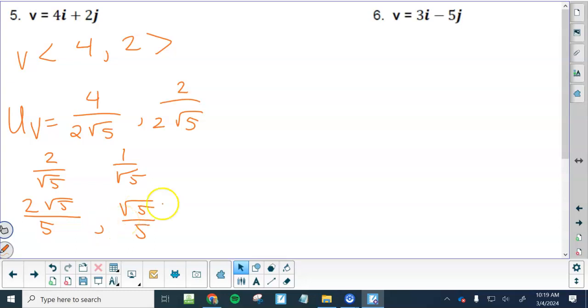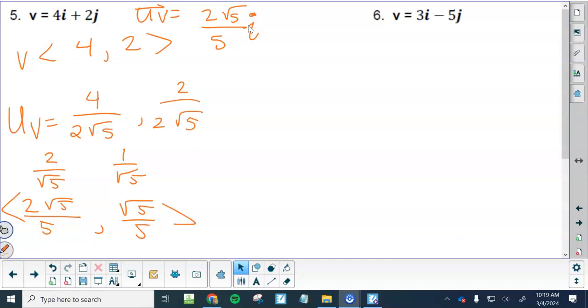over 5. Now that is absolutely correct if it was starting out in component form, but it's not. It's in linear combo form. So we have to write I and J next to it with a plus sign in the middle. So the final answer, the unit vector, is going to be 2 root 5 over 5 I, and then, I don't know, plus or minus.